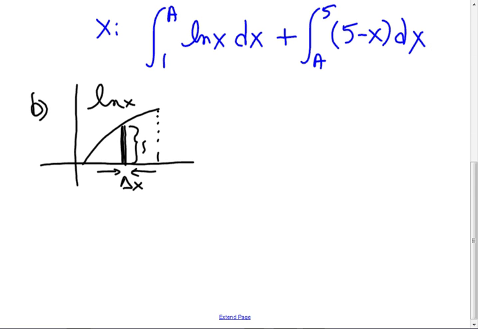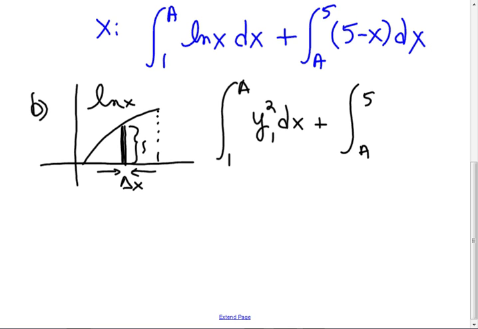Well, we kind of have it here. So you really need both of them. Okay, so we'll integrate from 1 to a, and it's a square. So it's that y value squared dx. Call it y1. And then this is from a to 5. Call that y2 squared dx.